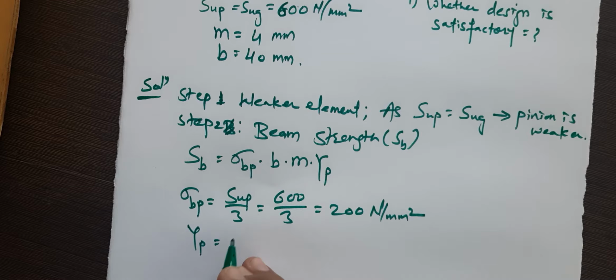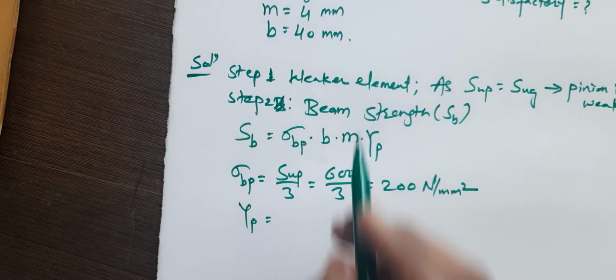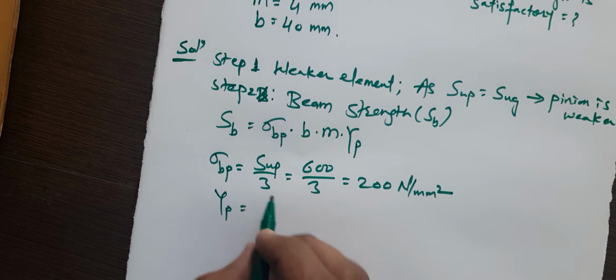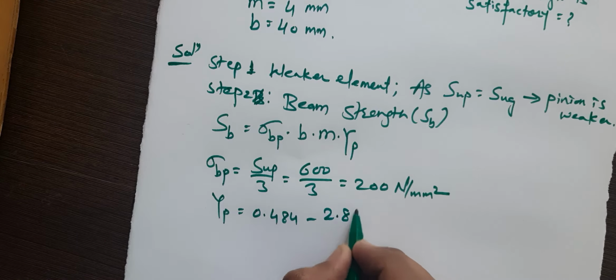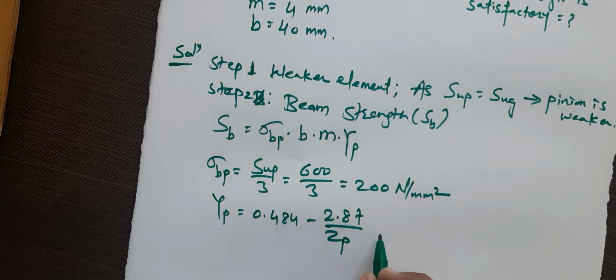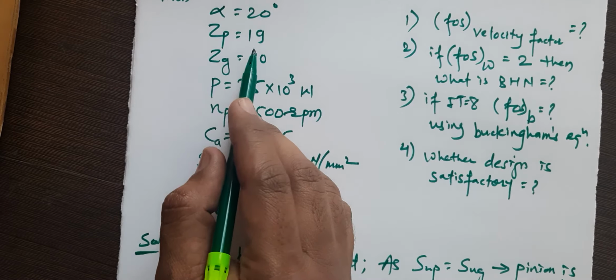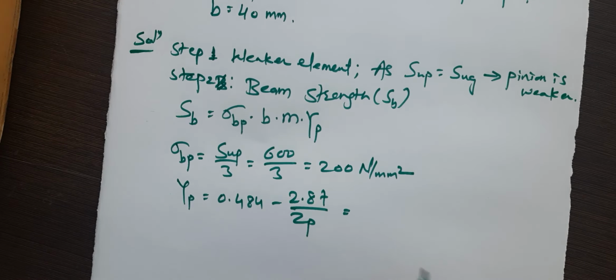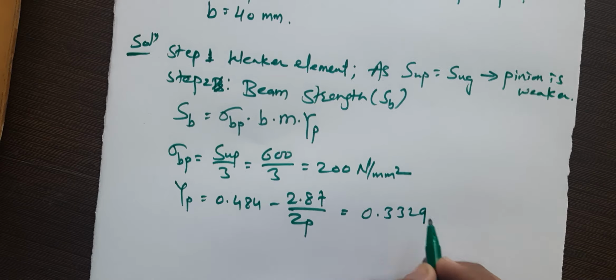YP for a 20 degree pressure angle, full depth involute system, is 0.484 minus 2.87 divided by ZP. If we substitute ZP as 19, you will get YP as 0.3329.